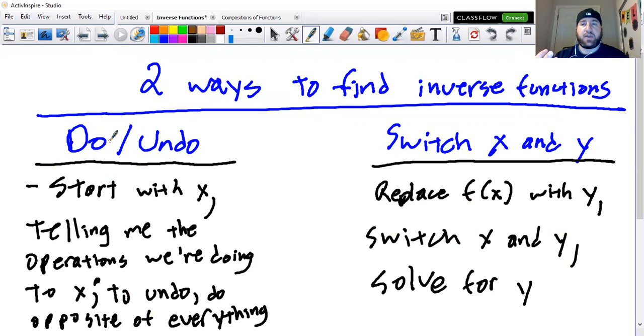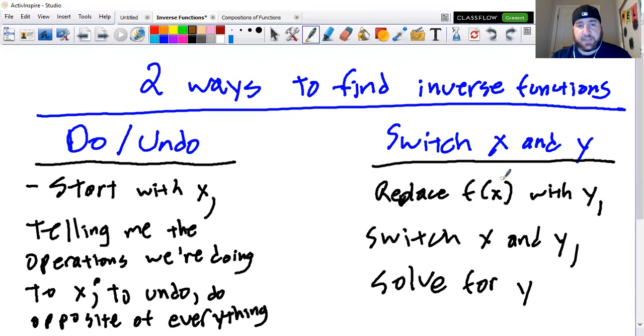But when it says undo, you might think we're taking our original function and pulling it apart. So we're actually building, what the undo is doing is it's building a new function. It's building our inverse function, okay? Switch x and y. Again, this one's a little more algebraic.